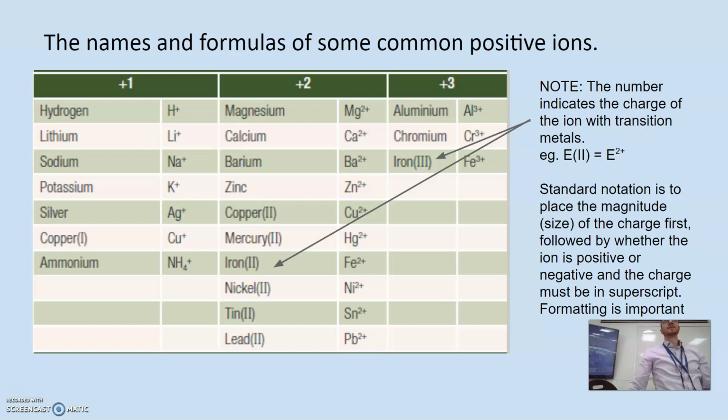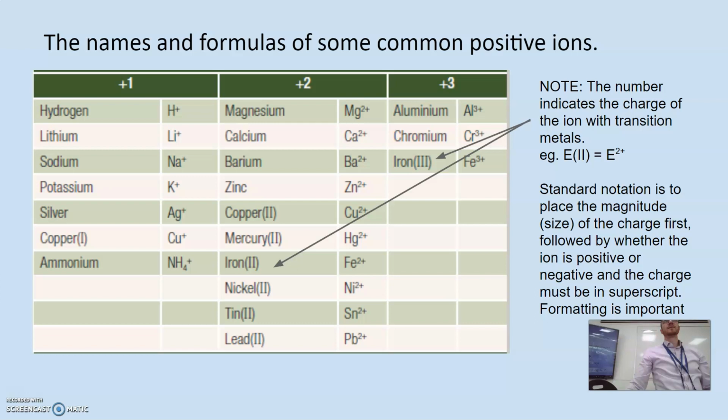Group 1, Group 2, Group 13 will be a 1+, a 2+, or a 3+ charge. For our transition metals, we specify using Roman numerals: copper(I) or copper(II), iron(II) or iron(III), nickel(II) or nickel(III), tin(II), tin(IV), and so on. Lead(II), lead(IV), whatever it might be. Chromium(II) or chromium(III), chromium(IV), chromium(VII), right? So the number will indicate the charge on the ion.